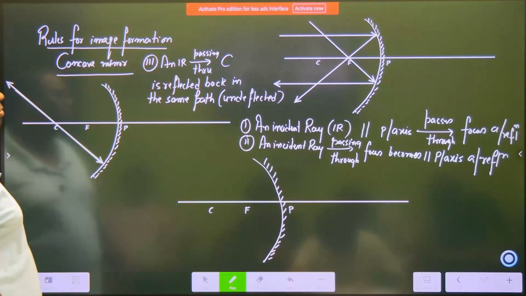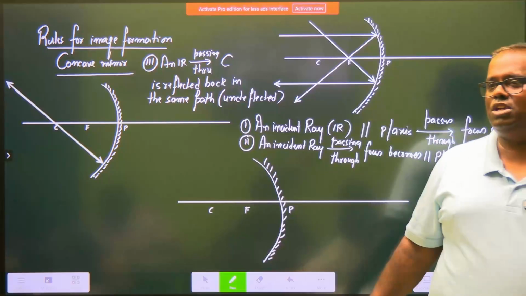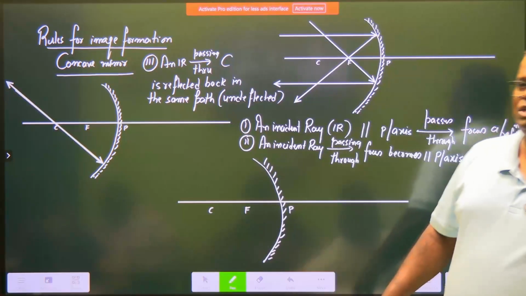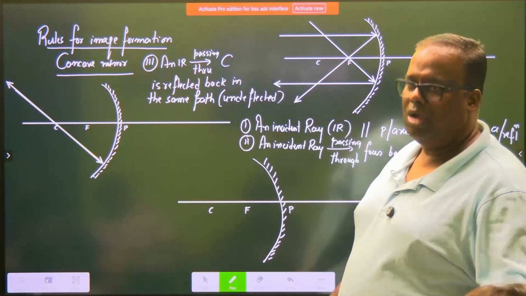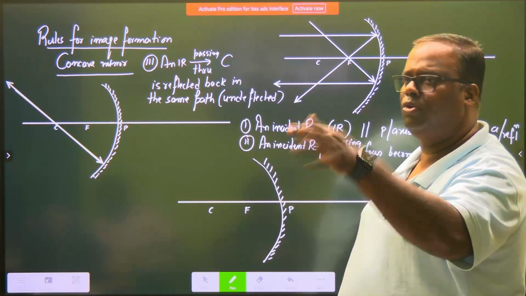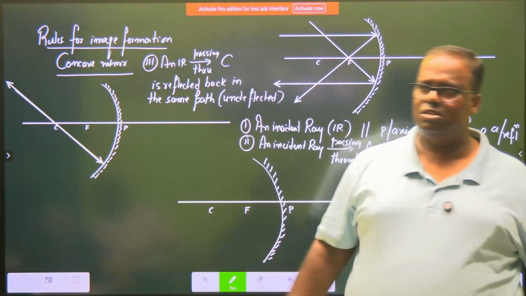Tell me now how difficult it is. Children keep on saying, sir, rules for image formation are like remembering my grandfather or grandmother. Nothing like that. Parallel to principal axis, through the focus; parallel to principal axis, through C, undeflected. Bas.